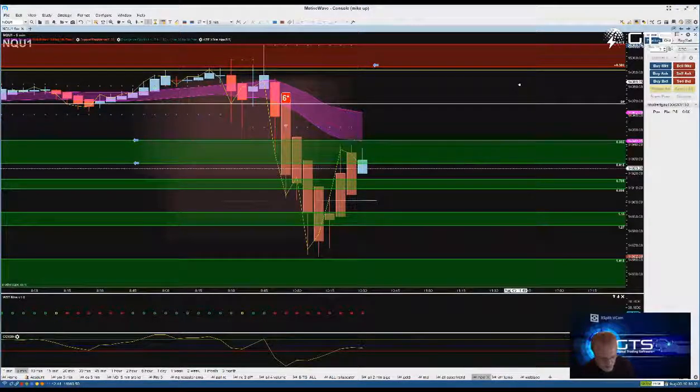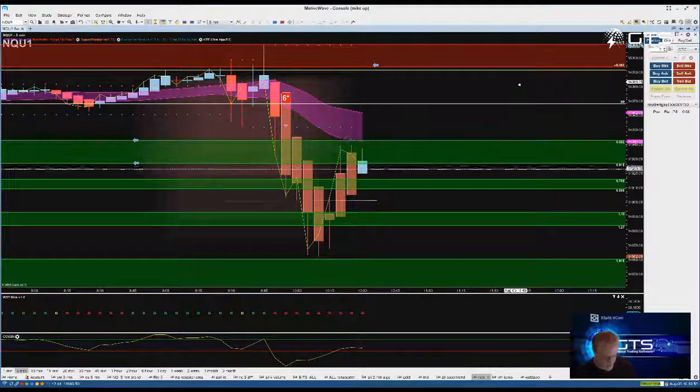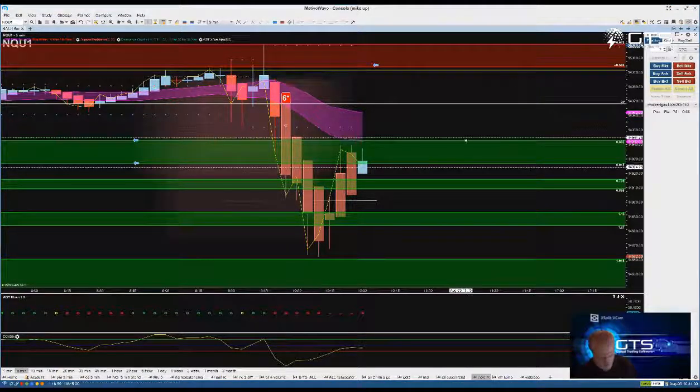Oh, you don't do the 4 hour? You just do the 1 hour? Yeah, because in the video I thought it was the 4 hour. So basically on the 1 hour, I'm just drawing the lines like I would on a 4 hour. Or do I go down to the next time frame to draw the other lines, like the support and resistance levels?